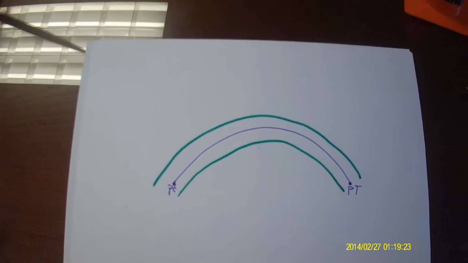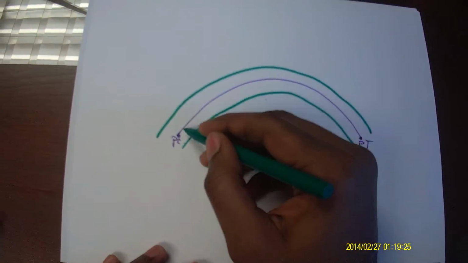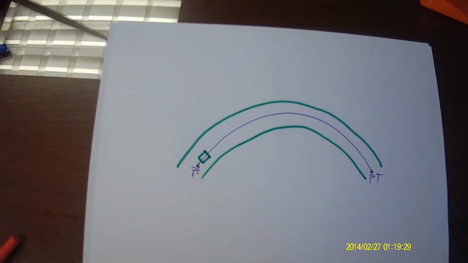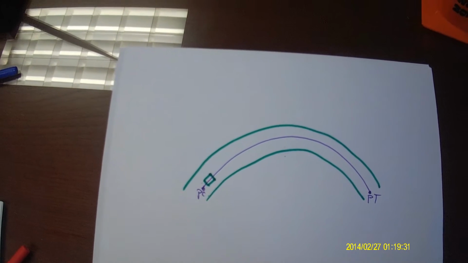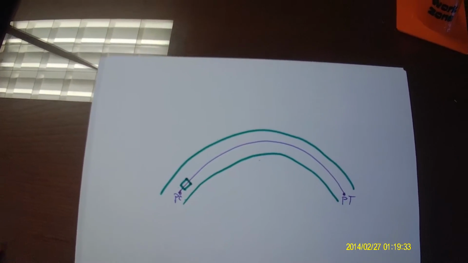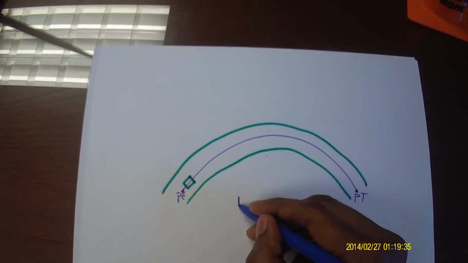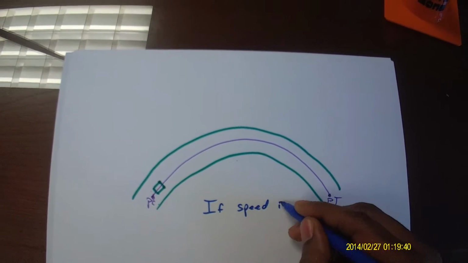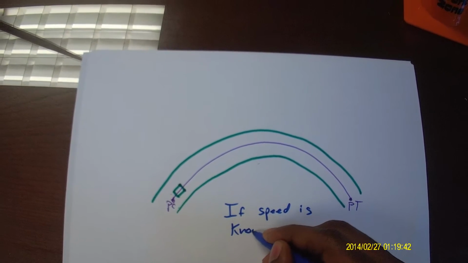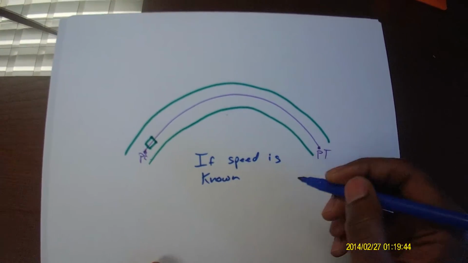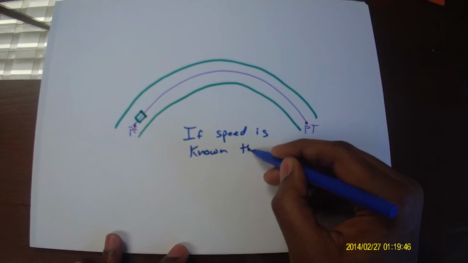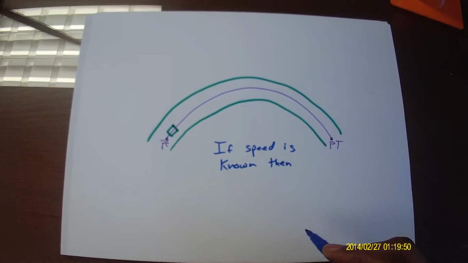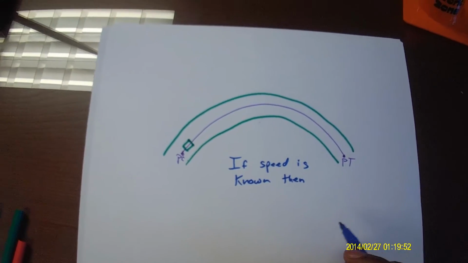And we can go ahead and assume that a vehicle is traveling right there. Now, if we know the vehicle's speed, then a different type of middle ordinate equation has to be used.